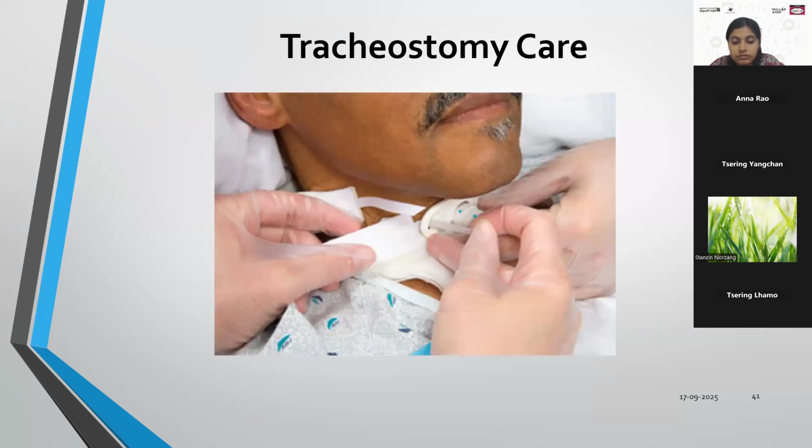So what is a tracheostomy? It is an opening into the trachea through which the patient will be breathing, right? With a tracheostomy, certain changes will take place, not only anatomical changes but also physiological changes. Based on those changes, patients will face certain problems. The first and foremost function of the whole respiratory passage is to keep it lubricated, right?